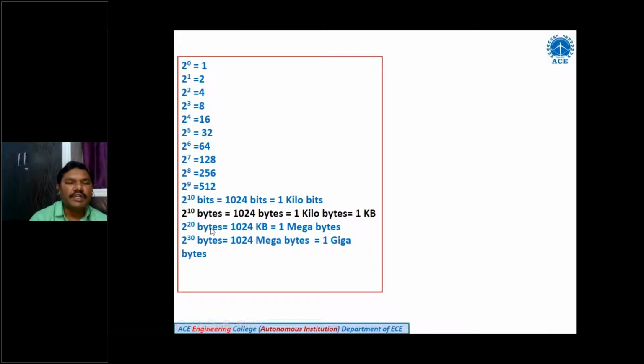And 2 power 20 bytes equals 1024 KB, which is equal to 1 megabyte. Even our CD-ROMs are measured in megabytes. A CD-ROM has 700 megabytes, meaning 700 into 1024 KB. So that many bits we can store as data.